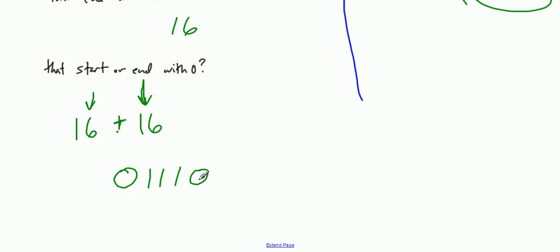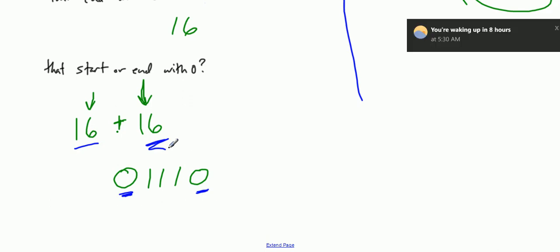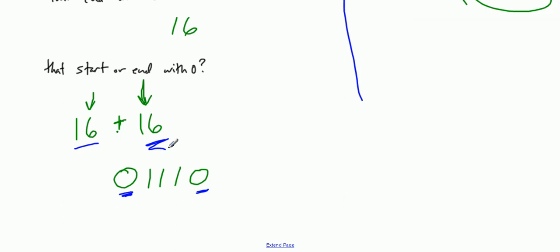This one starts with the 0, so it's going to be one of these 16 here. It also ends with a 0, so it's going to be one of these 16 here. You can't count this bit string of 5 twice, and if we have the 16 and 16, we're going to be counting it twice.